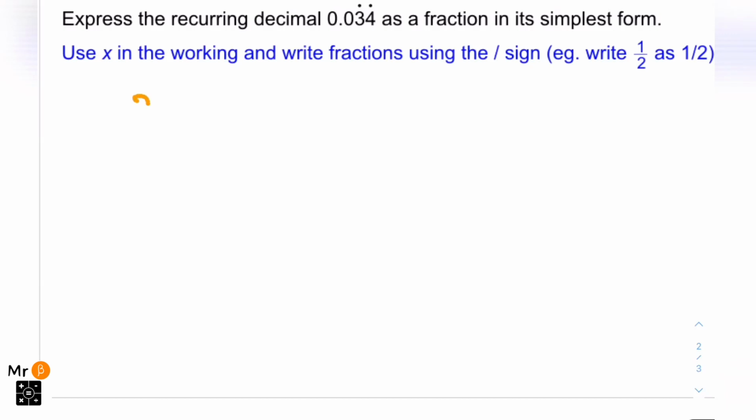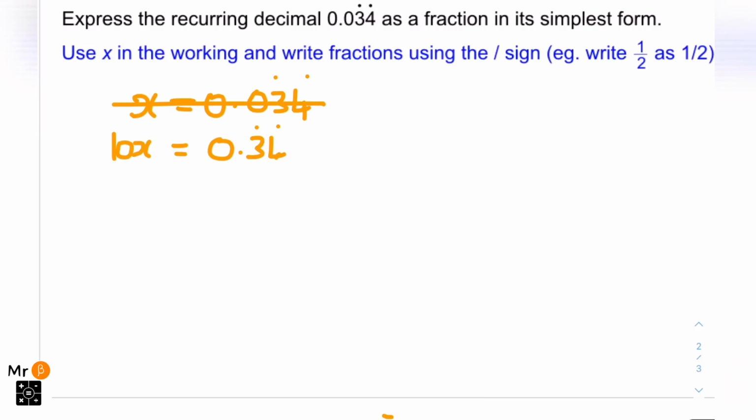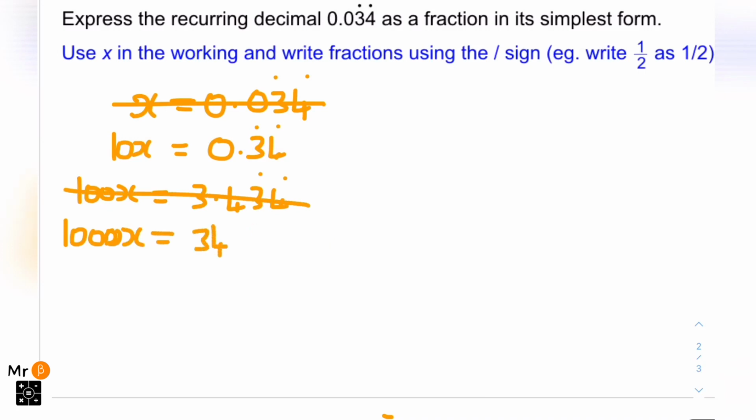So our next question, again, x equals 0.034 recurring. We're going to times by 10, so our recurring parts are lined up next to our decimal, and this is our starting position. We're going to times by 10 again. You'll notice our recurring parts don't line up, so we're going to times by 10 again, and this time they do line up.